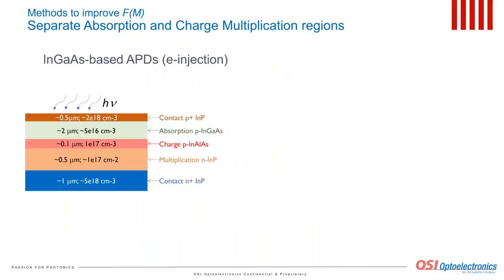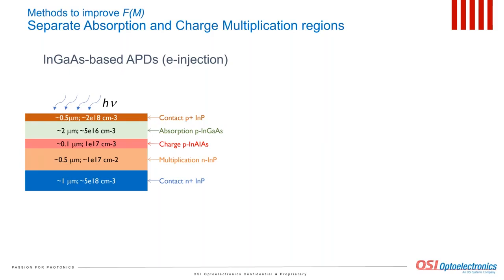The image to the left shows schematically an InGaAs APD structure in which the p-type absorption region is close to the light entry site. All light quanta are absorbed in this region, and then the generated non-equilibrium carriers, electrons, are swept by the electric field towards the multiplication region at the bottom of the structure, creating an avalanche.